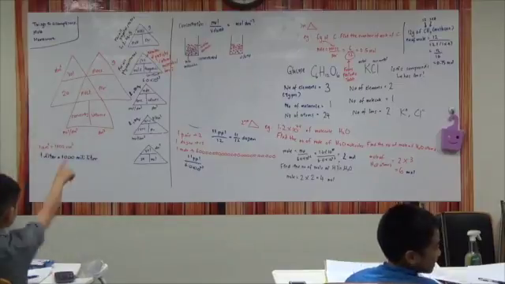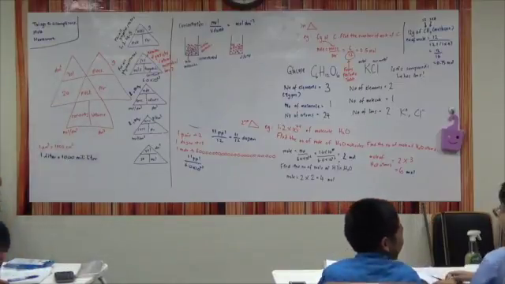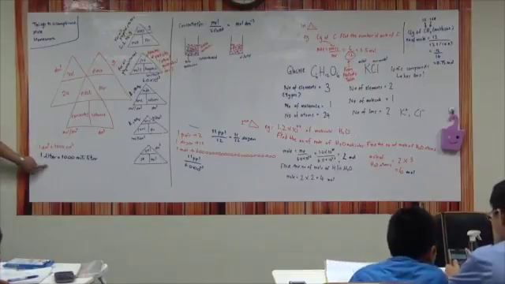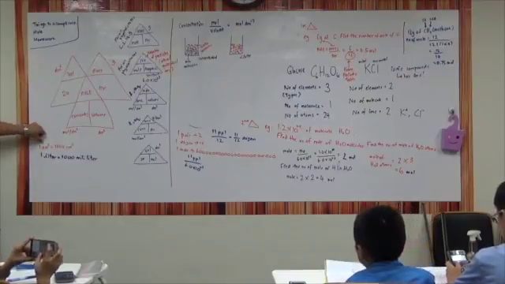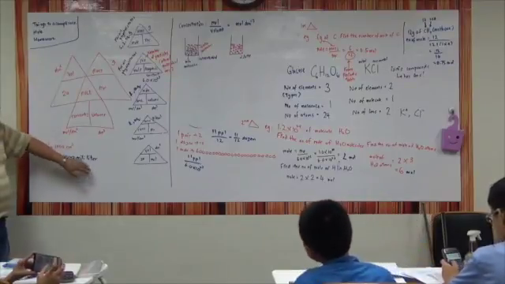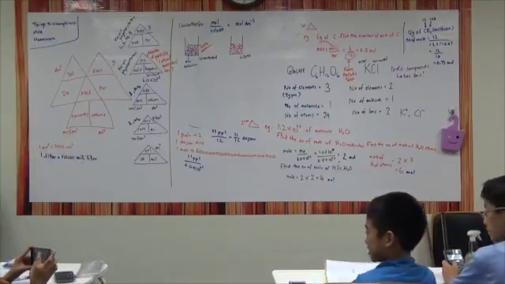There's no formula, these are just units. We are more familiar with liter, but in chemistry, 1 liter is actually 1 dm cube. 1 milliliter is 1 centimeter cube.